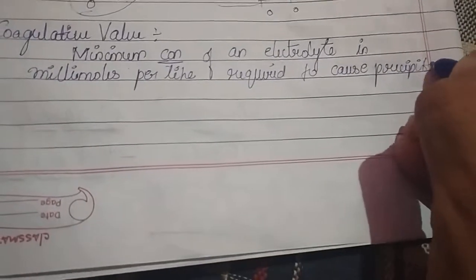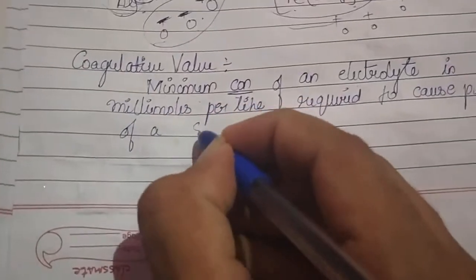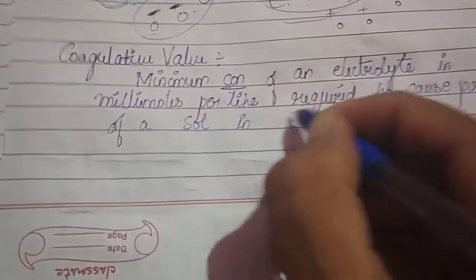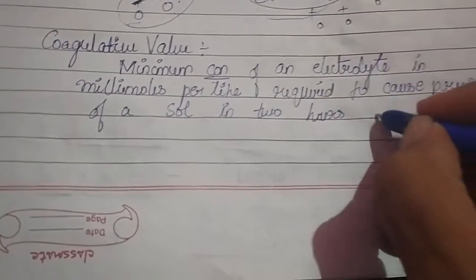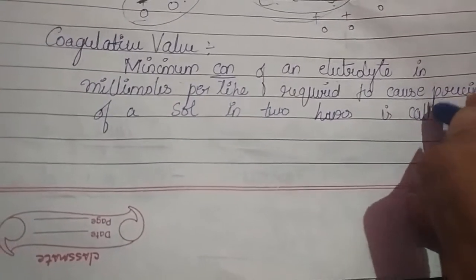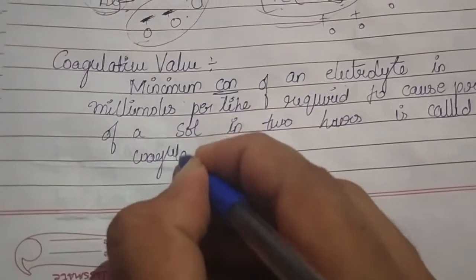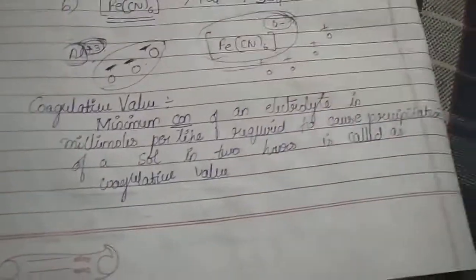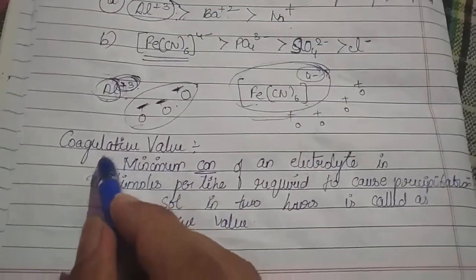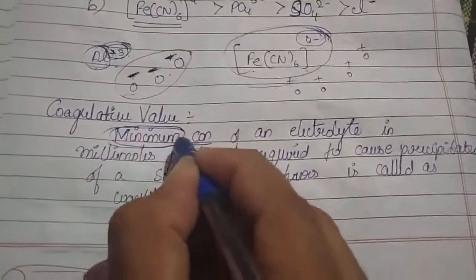To cause a precipitation of a salt in 2 hours is called the coagulative value. So what is meant by coagulative value? Remember, these are the important terms you should remember.